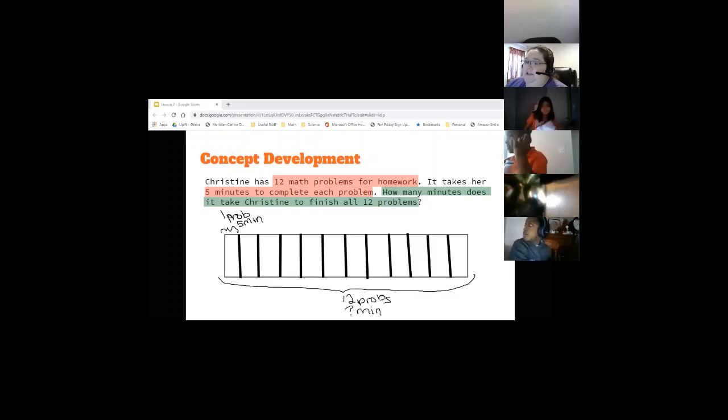So what am I going to put inside each of these spaces here? A 5. That's right, Carrington and Camilla. We're going to put a 5. So I'm going to write 5, and I'm going to skip count while I'm labeling them, right?